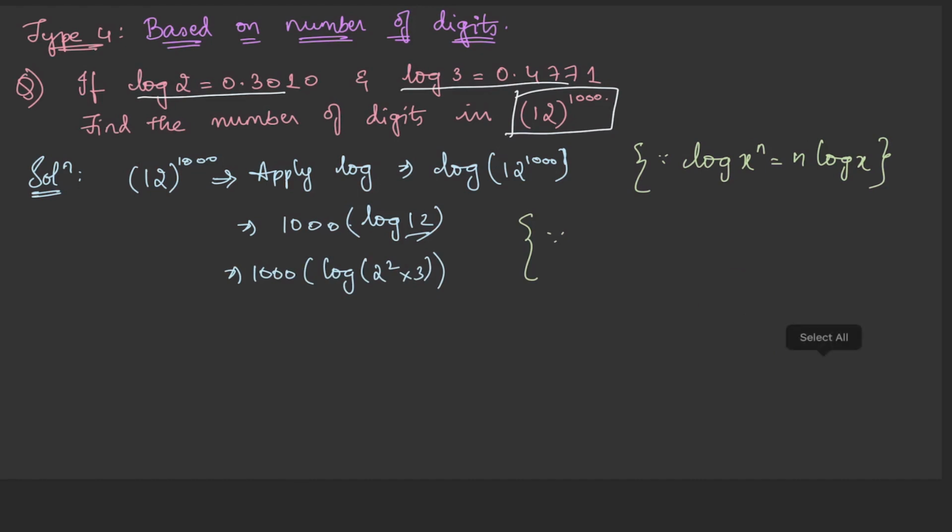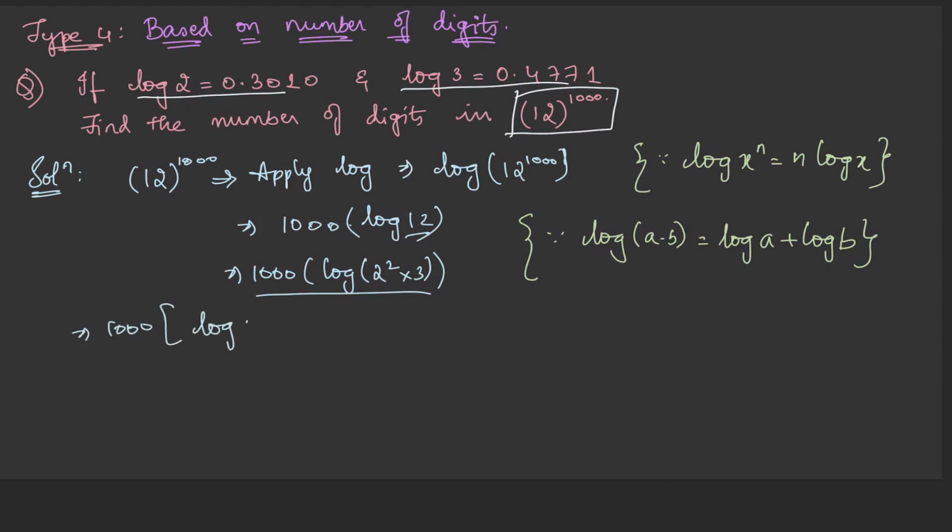Depending on the formula, log of a into b equals log of a plus log of b, we can write this as 1000 into log of 2 square plus log of 3, that is 1000 into 2 log 2 plus log of 3.